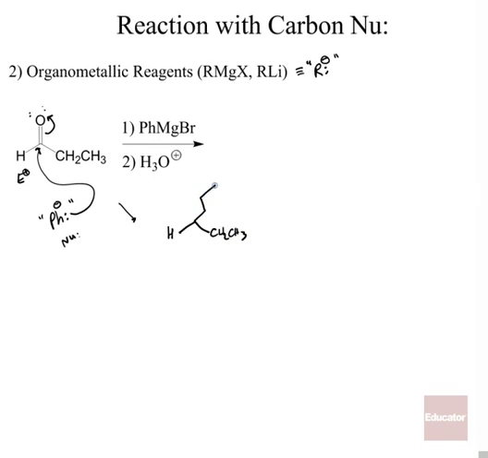We could draw that out if you want, or you could just keep it a Ph, but just to remind what's happening here. We've just added a phenyl ring to this carbonyl carbon, and then after workup, step 2, we're going to end up with an alcohol. So hopefully you're seeing a trend here that reaction of a carbonyl with a nucleophile is going to give some kind of alcohol product.